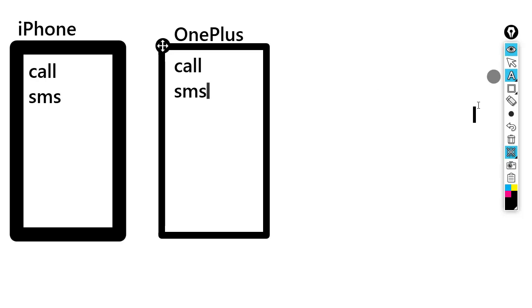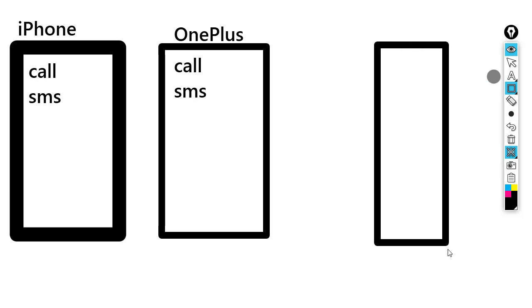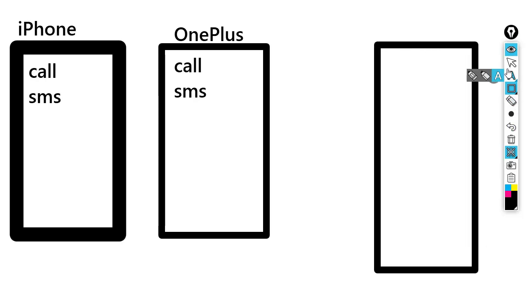Now someone else also has a phone, right? Say this is the phone. Now this one is Samsung, right? This phone also has the same feature, call and SMS, right?